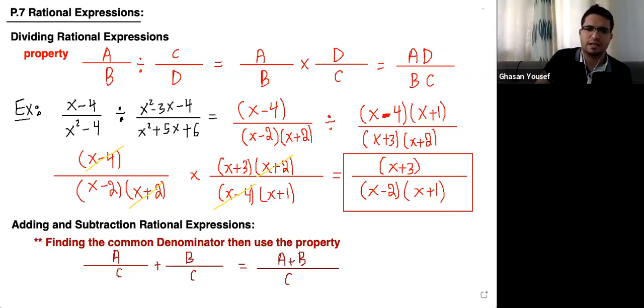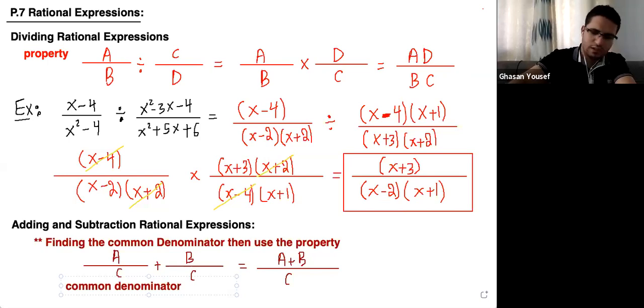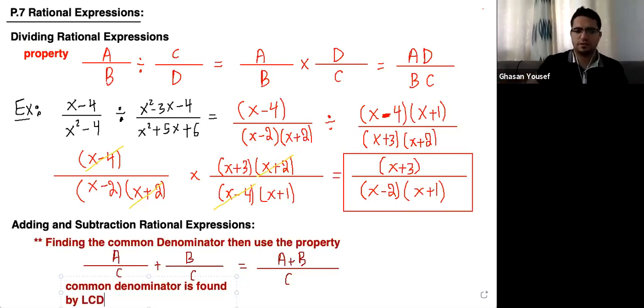We used this in the first section in this book. So the common denominator is found by the least common denominator.